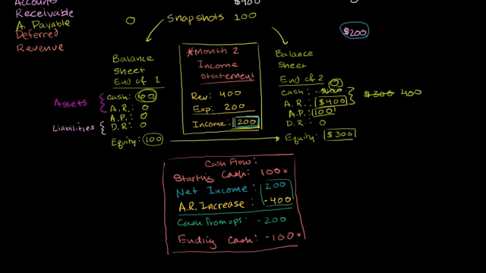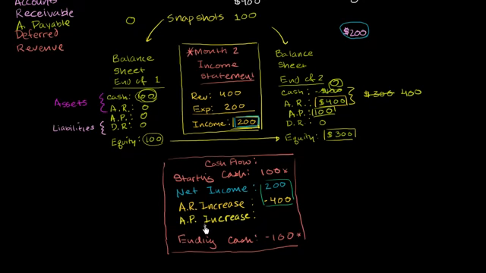So let me erase that, and then let's add a line right down here. We could say accounts payable increase. And now this is a source of cash, and it might not be obvious. We're increasing a liability, but it's a source of cash because we don't have to use our own cash.